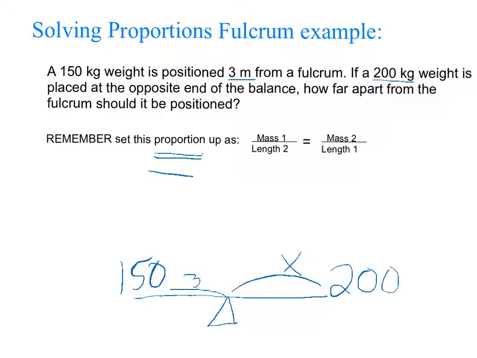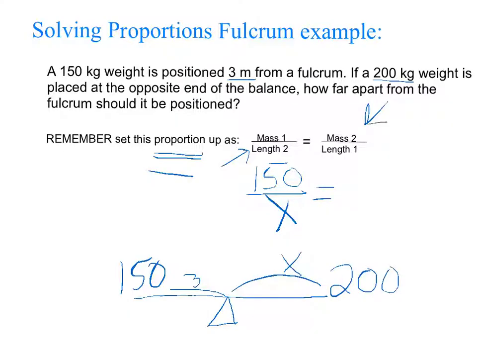You set it up with the proportion being the mass of your first object. So the mass of my first object is 150, its weight. That goes over the length of the second object. And the length of the second object from the fulcrum is x. I don't know it, so I'm going to put an x right here.